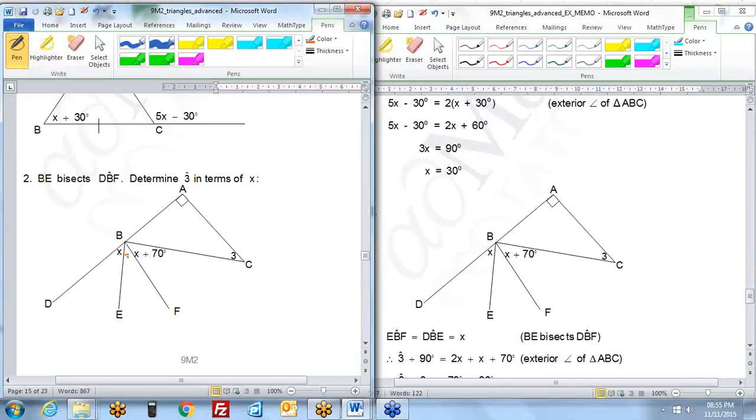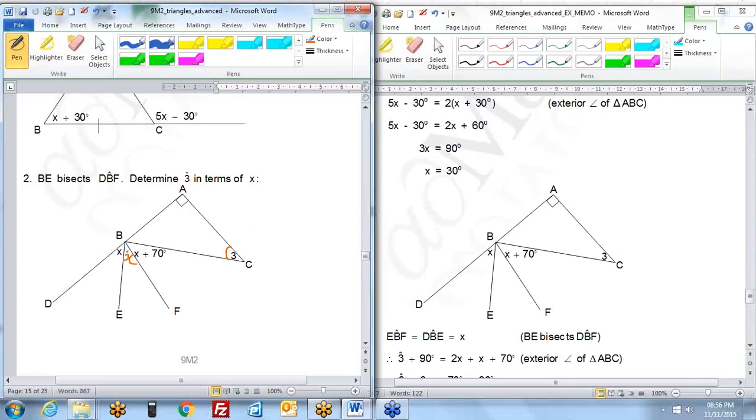So this angle will also be x, because BE is now halving the angle DBF in two exact halves. So x plus x. So determine angle 3 in terms of x, this angle over here, in terms of x.